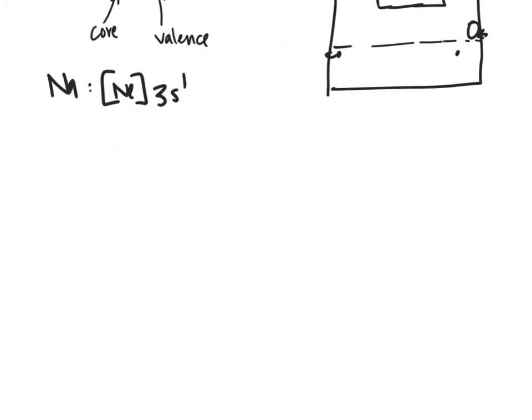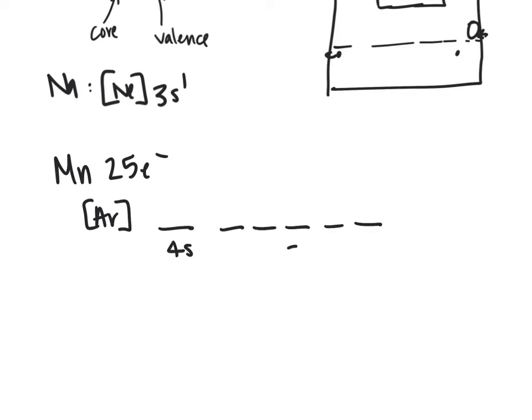If you think about a transition metal, so let's look at manganese, which has 25 electrons. And so the closest noble gas in that case is going to be argon. And then we have the 4s. And then we encounter the 3d orbitals. So argon has 18 electrons.